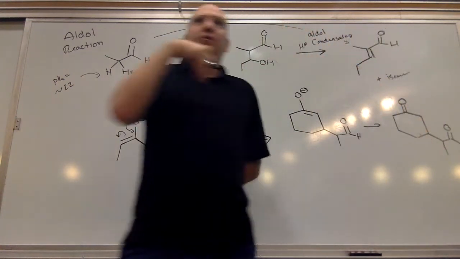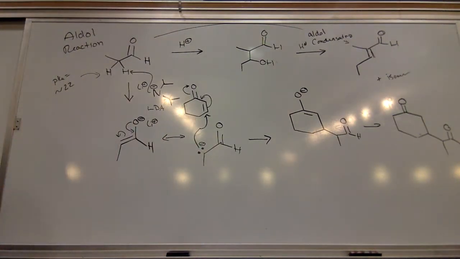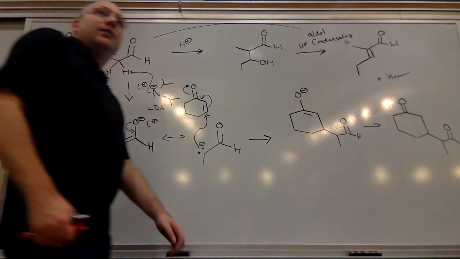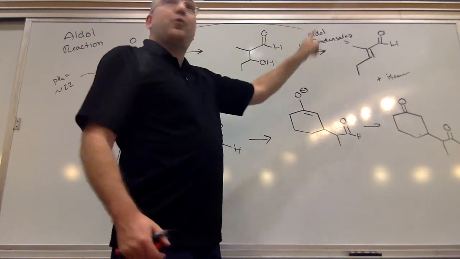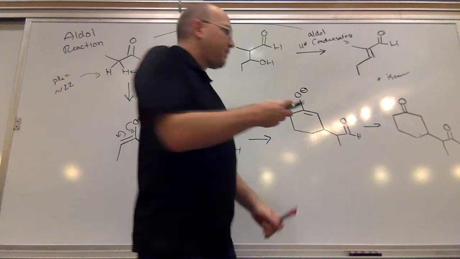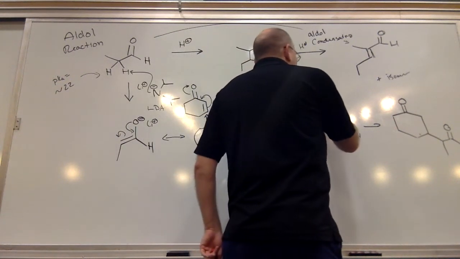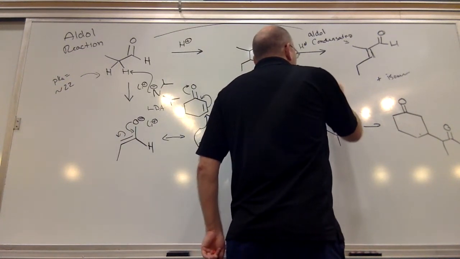You basically quench that at the end and you can get the molecule that I'm showing you there. So again, I've just shown this with a cyclic enone, but it can be any enone. You're just going to quench it and protonate it.